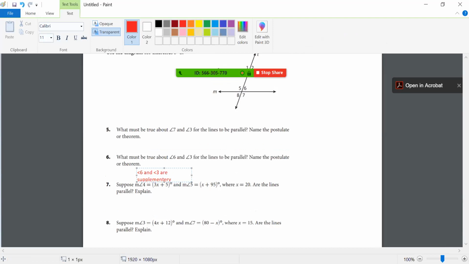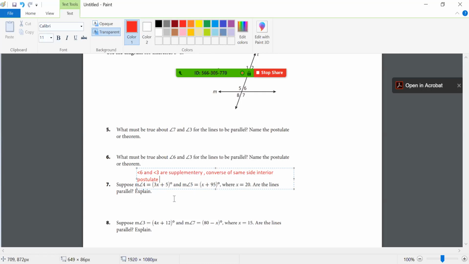If they are supplementary, so using the converse of same side interior, theorem or postulate? Postulate. If they were supplementary, using the converse of the same side interior postulate, I can say that these two lines are going to be what? Are going to be parallel.